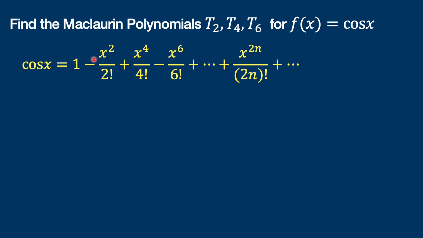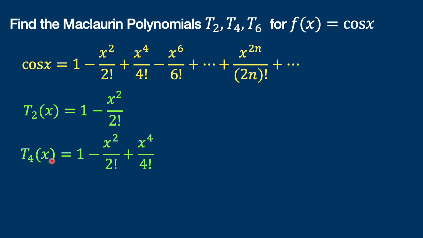So cosine x is 1 minus x squared over 2 factorial plus x to the 4th over 4 factorial. That's the Maclaurin series. T2 takes the terms until degree 2. That's the T2 Maclaurin polynomial: 1 minus x squared over 2 factorial.